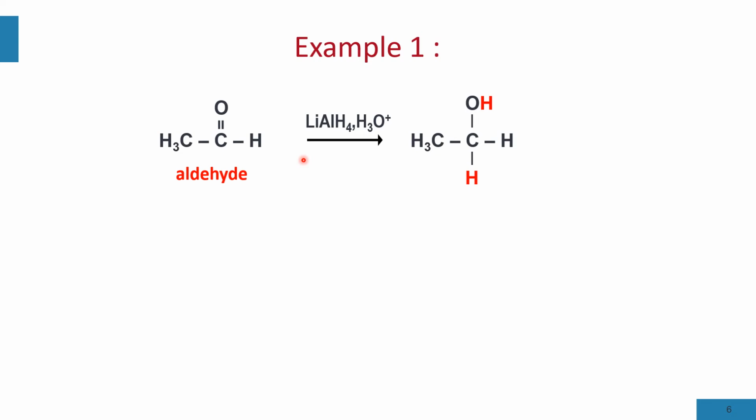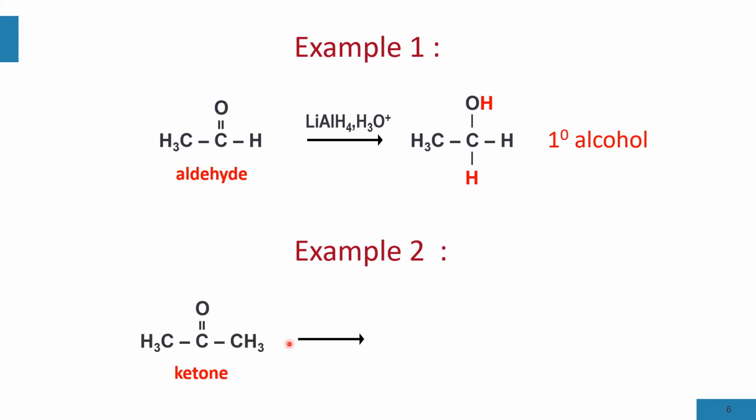Example 1. Aldehyde can be reduced to primary alcohol using reducing agent lithium aluminum hydride followed by hydrolysis. Next, example 2.